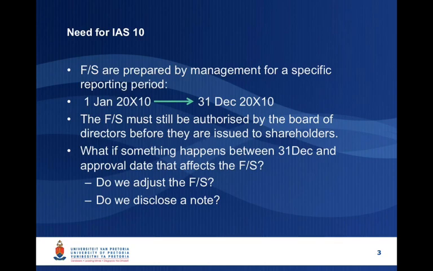Between the 1st of January and the 1st of March, there is a time period where something can happen. That is why there is a need for IAS 10, which tells us what to do with the events that happen after the year end and before the time where it gets authorized.